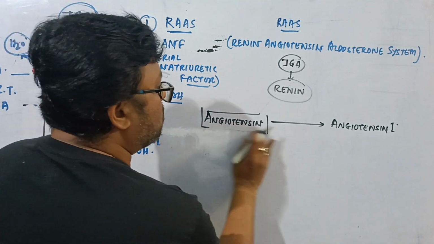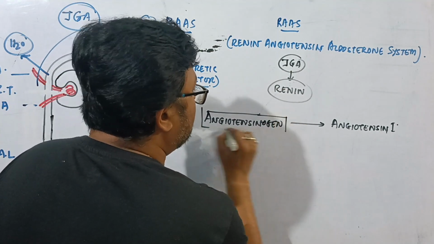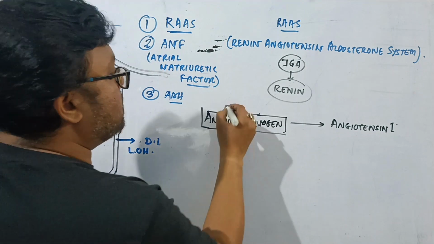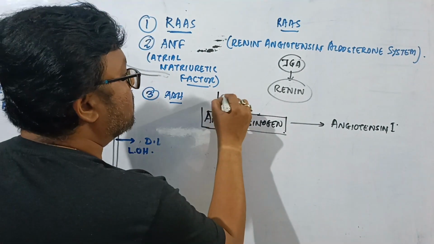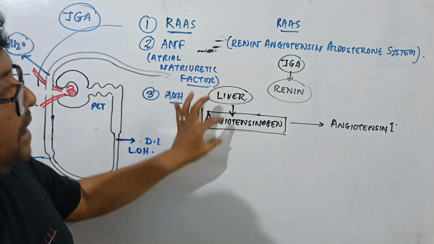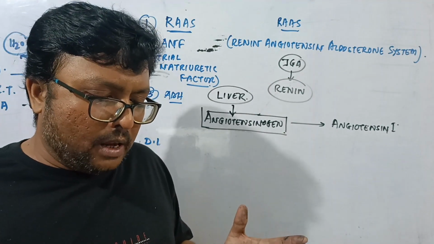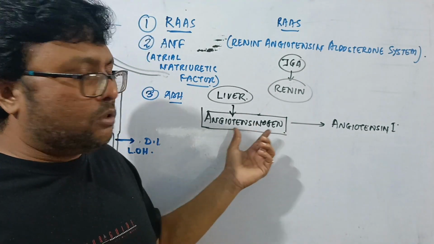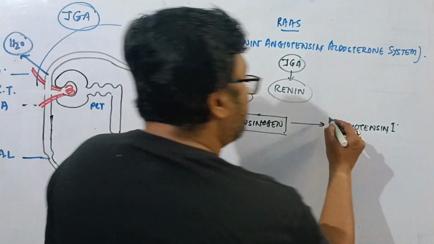Basically this is known as angiotensinogen, and it is converted into angiotensin. Now this angiotensinogen is generally formed in the liver. Where is it formed? It is formed in the liver. Look carefully, angiotensinogen is produced in the liver.